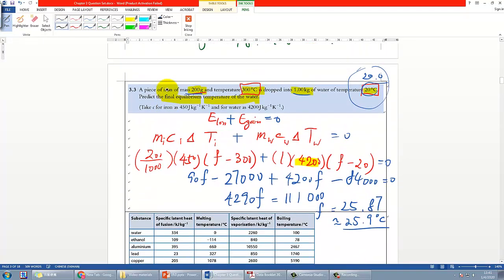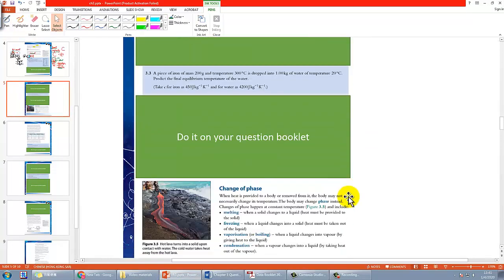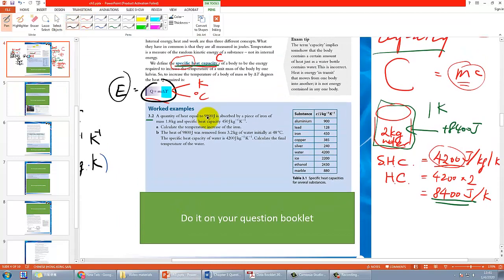Think about this. When you have specific heat capacity, maybe I can draw on the textbook. If this is a bucket of water, the energy you give in is like pouring the water in. Water by its nature is a bucket with a wider base, so the increase of the height will not be as much when the base is bigger.